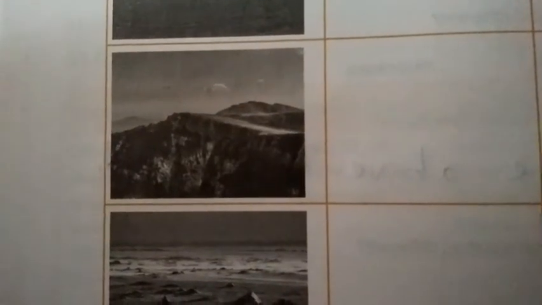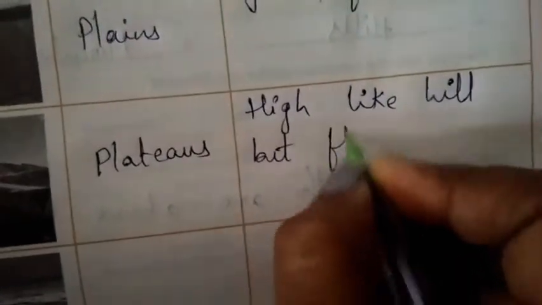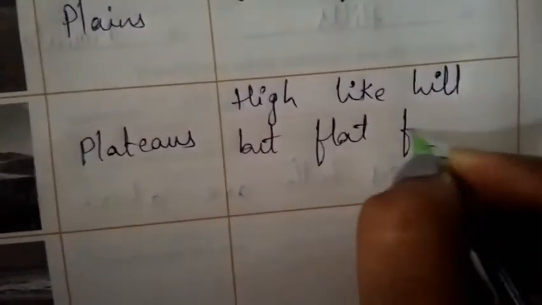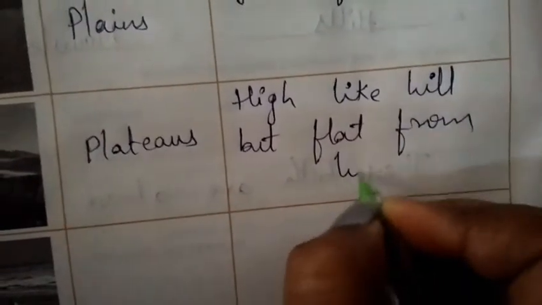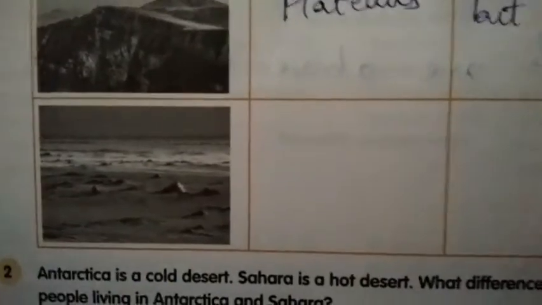You can see it is flat with a slope. What is it called? Very good, plateaus. How is it? It is high like a hill, but flat from the top.